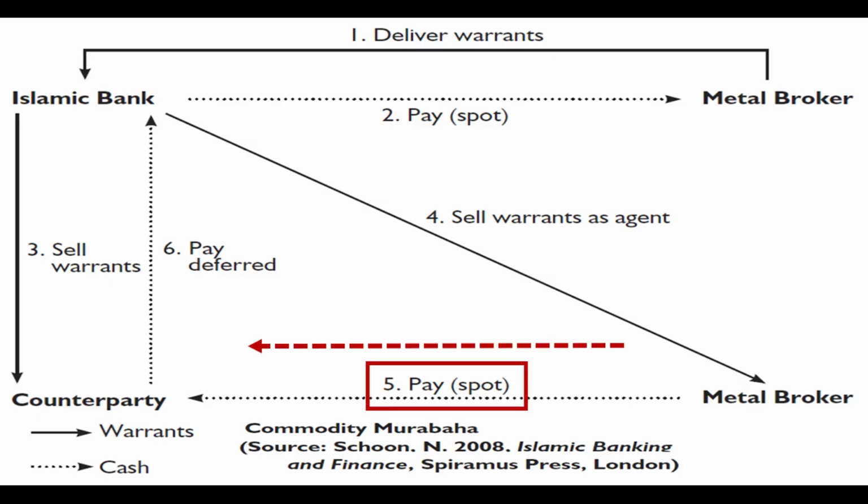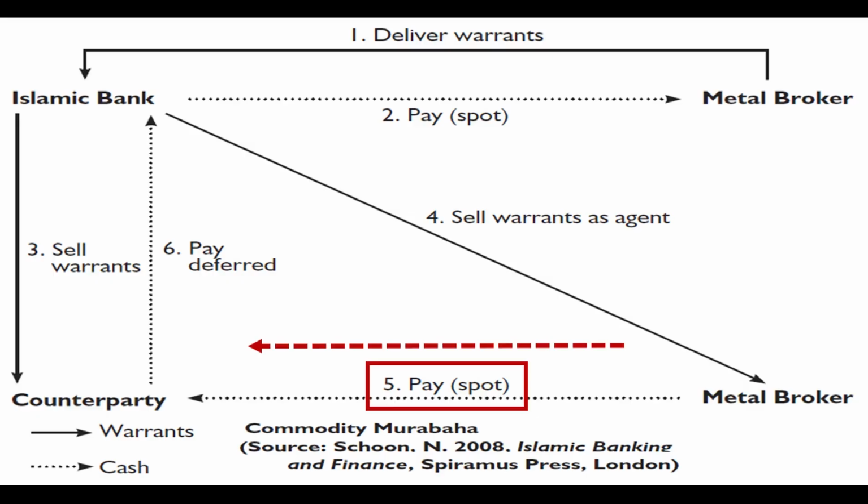At this point, during the transaction, the counterparty is in possession of 1 million pounds and does not have to pay the Islamic bank until 3 months later, when he will have to pay 1.05 million pounds to the Islamic bank.